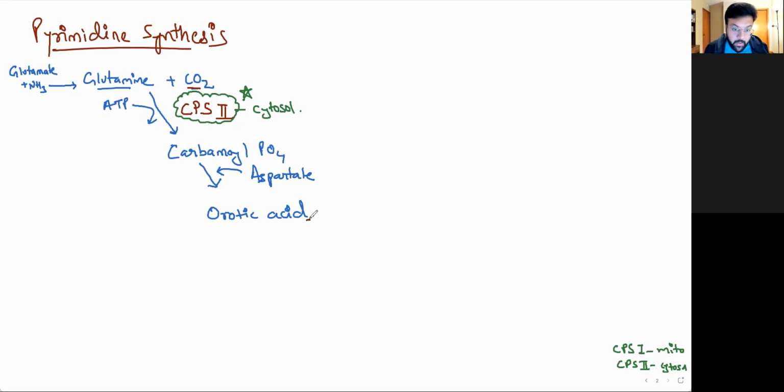Now we'll add sugar, but before that there is a very important enzyme which helps in combining carbamoyl phosphate and aspartate. Does anybody know the enzyme? You can cheat with your First Aid. That's a very, very important enzyme here.